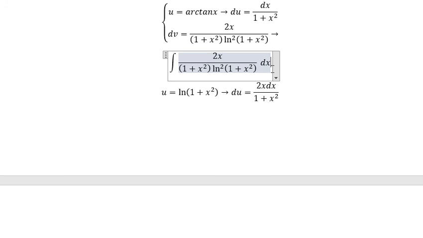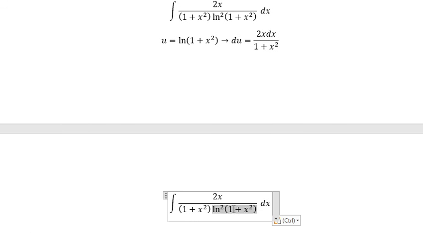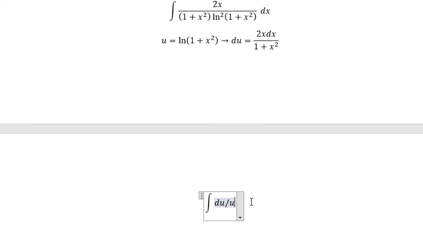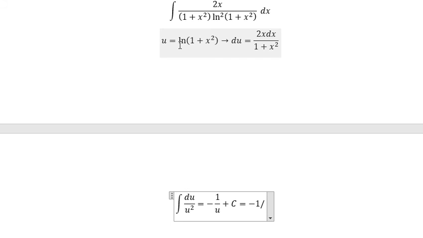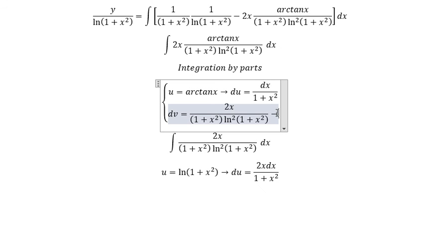So in this situation, this one we change by u, and we have u squared. 2x over 1 plus x squared dx we change by du. The integration of this one we have negative 1 over u. About u, that is this one. And now I will put this one back in here.